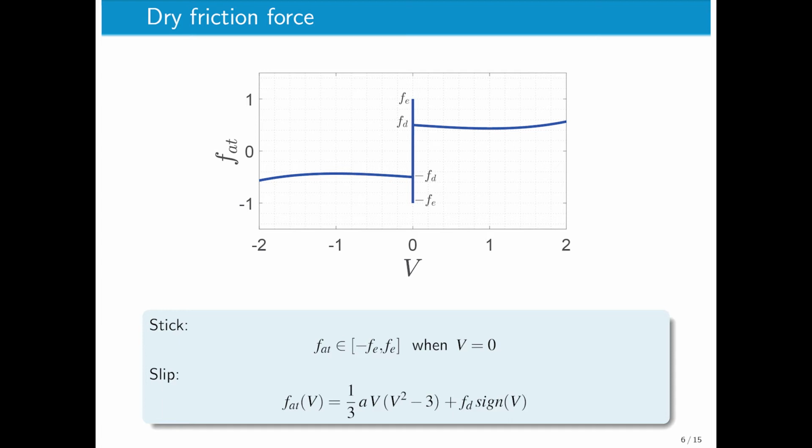In this case, the friction force compensates the forces produced by the spring and the damper. At some point, the force produced by the spring and the damper surpasses the maximum value that the friction force can take. Then, the system enters the slip phase, in which the relative velocity between the mass and the belt is not zero, as shown in the slide.